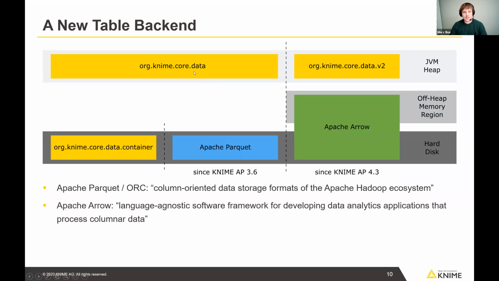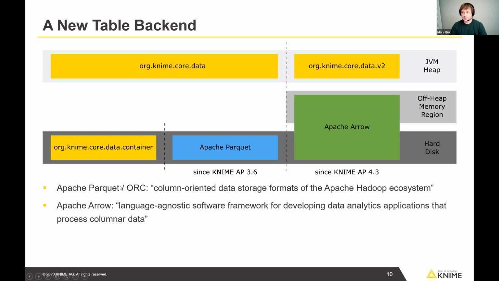And from there, we had the old persistence layer, org Knime core data container, and we had Apache Parquet as an alternative, which we introduced in Knime 3.6. Now we have a complete rewrite. So not only is the internal data handling rewritten with this org Knime core data v2, but the whole backend, the whole persistence layer, is also rewritten, and it makes use of Apache Arrow.